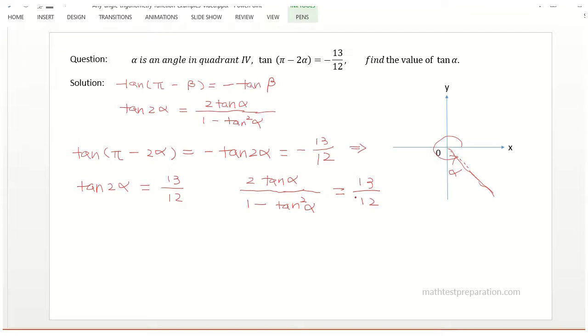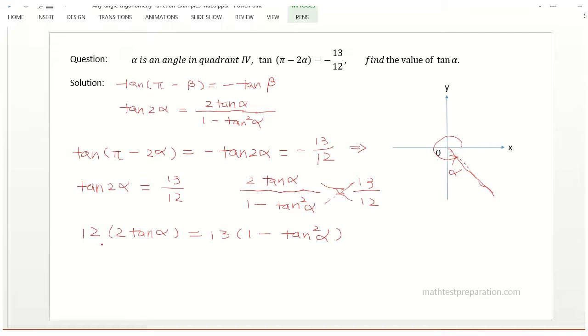Now we apply cross multiplication. So 12 multiply 2 times tangent alpha equals 13 times (1 subtract tangent alpha square).